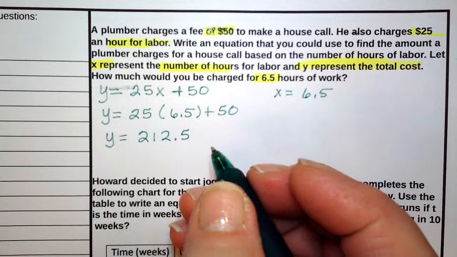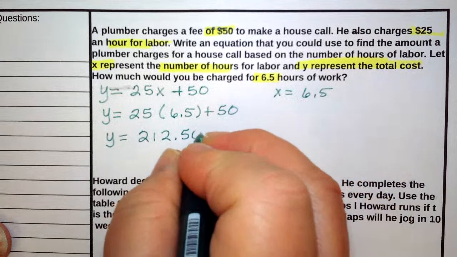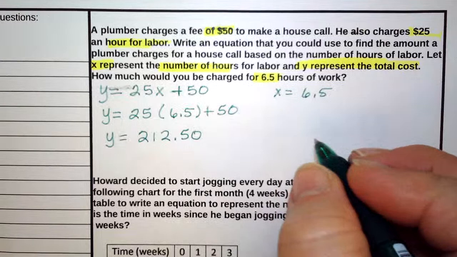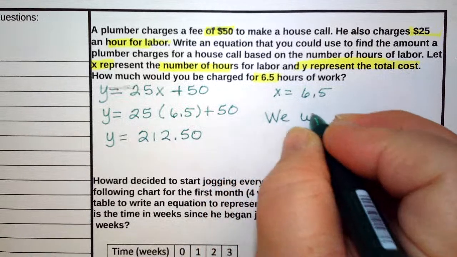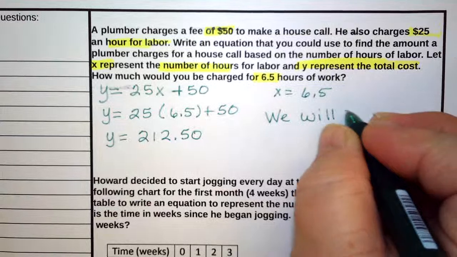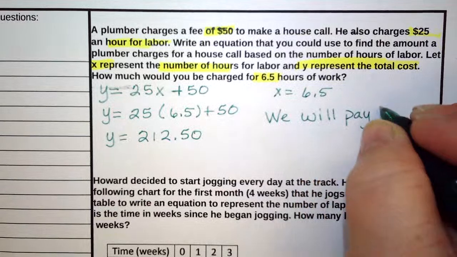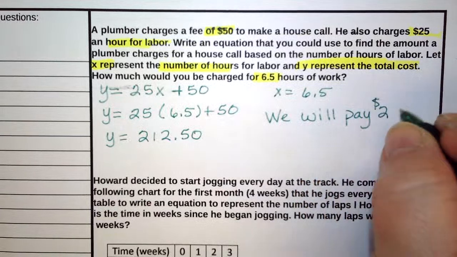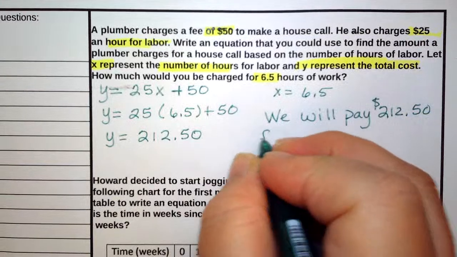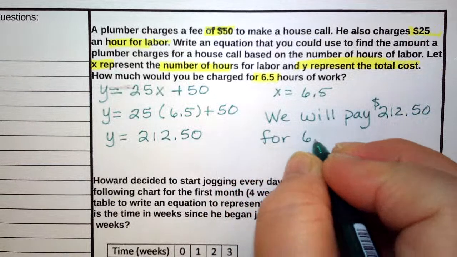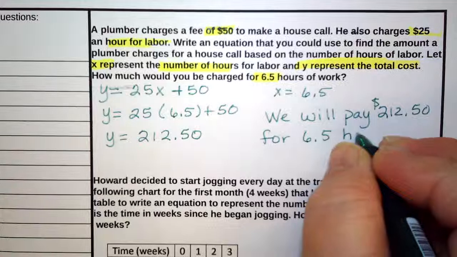Remember, this is money. No, we've got to go out to the nearest hundredth. So what does that mean? We will pay $212.50 for 6.5 hours of work.